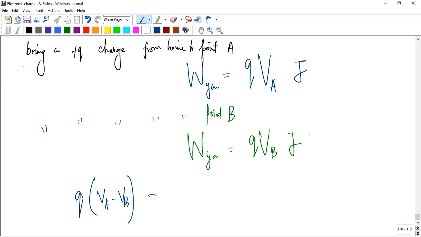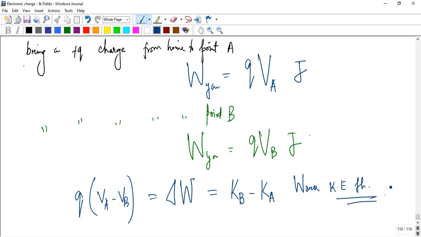That is delta W, or some W, equal to the change in kinetic energy, kinetic energy of B minus kinetic energy of A. We know that, the kinetic energy theorem.